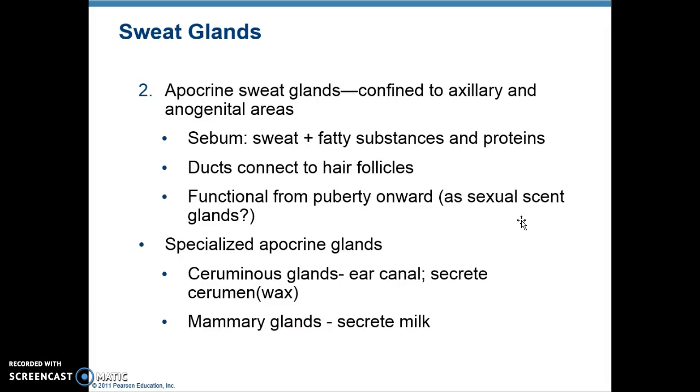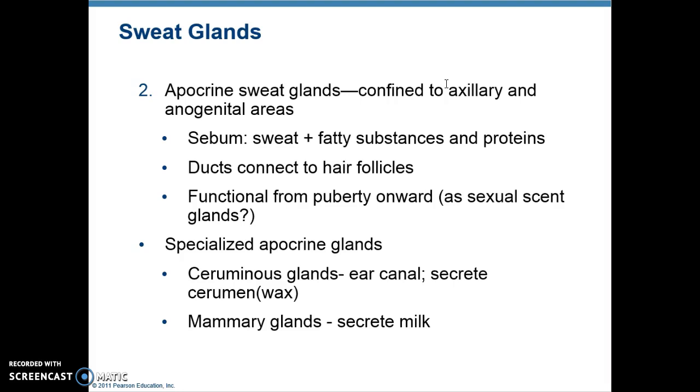Then you have a different type of sweat gland called an apocrine sweat gland. As this says right here, they are confined to the axillary and anogenital region, so armpits and around the genitals. They basically produce sweat plus some other stuff, is what you need to know.